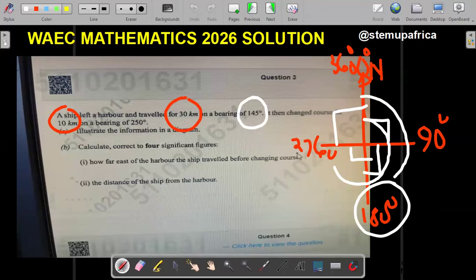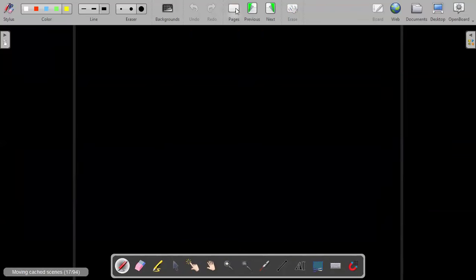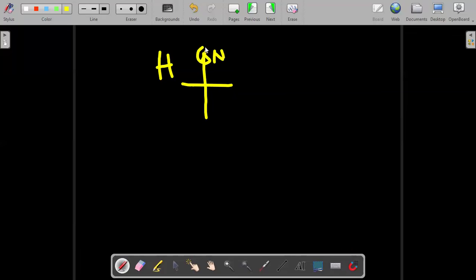It said the ship left the harbor. So it was in the harbor, it now left and traveled 30 kilometers on a bearing of 145. So let's say this is the harbor, and let's call the harbor H. Under the harbor, here is my north, which is 0 degrees. All bearing must come from the north. So let's trace 145 now.